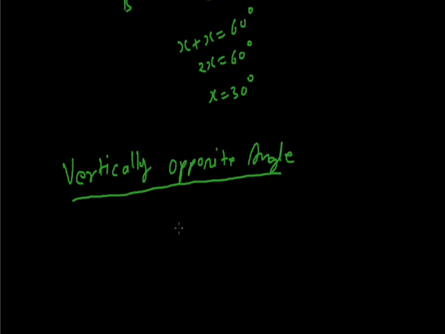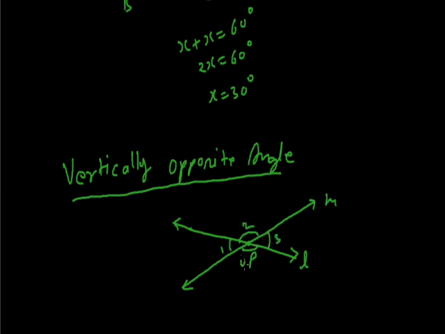Suppose we have two straight lines which are intersecting each other, let's say this line is L and this line is M. These are intersecting at a point, let's say P. This point of intersection is P. So let's say this angle is 1, this angle is 2, this angle is 3, and this angle is 4. So we can say that 1 and 3 are the opposite angles, or we can say these are the vertically opposite angles.